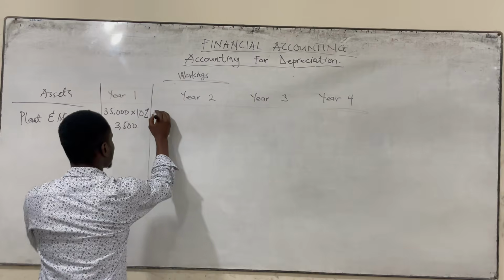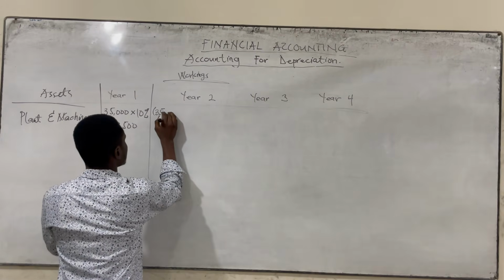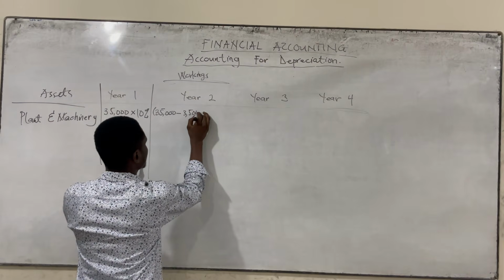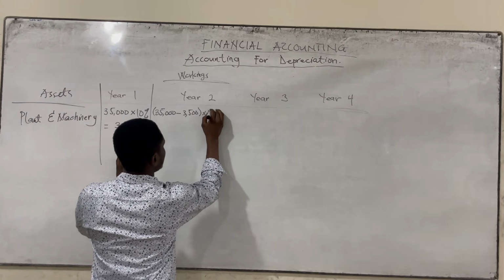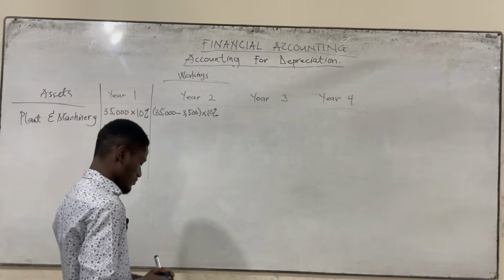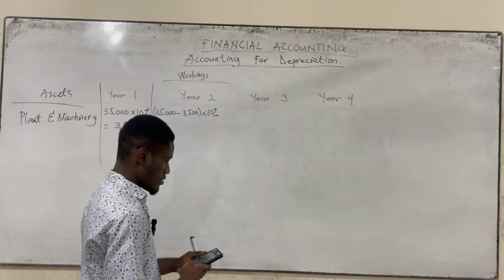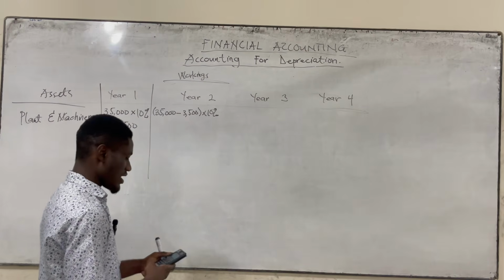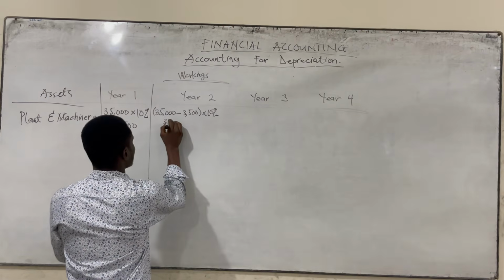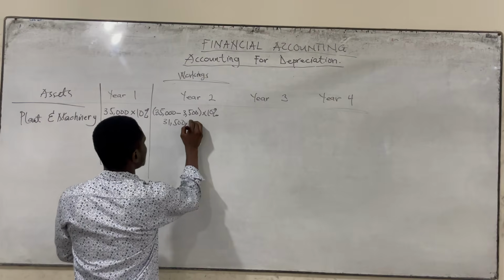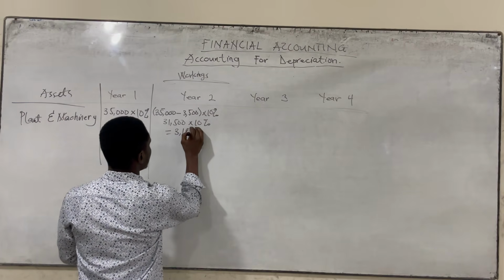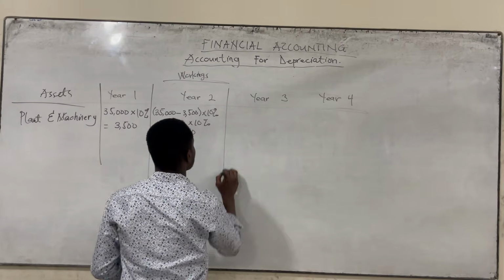So the cost here, 35,000 minus our depreciation, 3,500, times our 10%. Good. So for this 35,000 minus 3,500, we are getting a net book value of 31,500. So that's 31,500 times our 10%, and we are getting 3,150 for year 2.